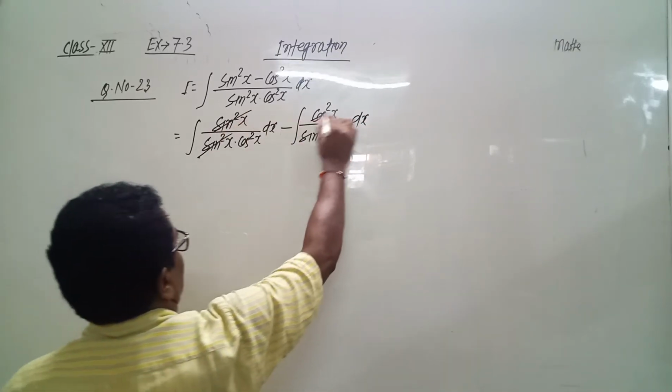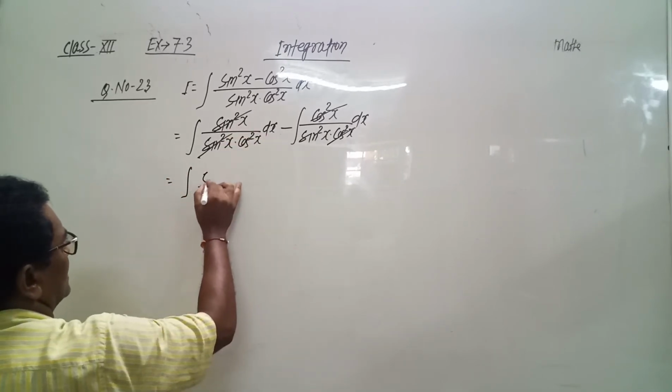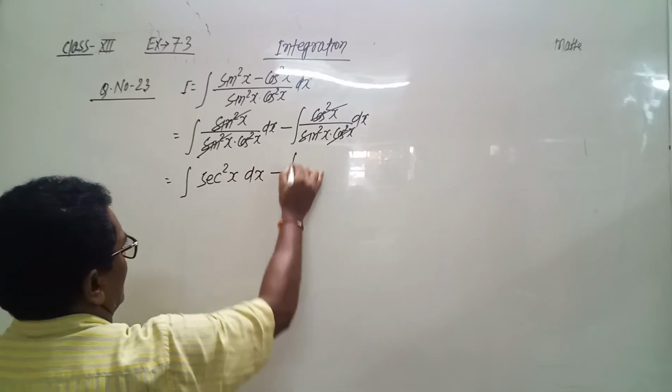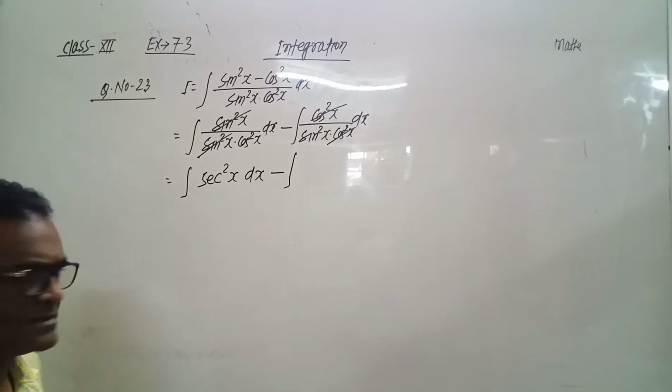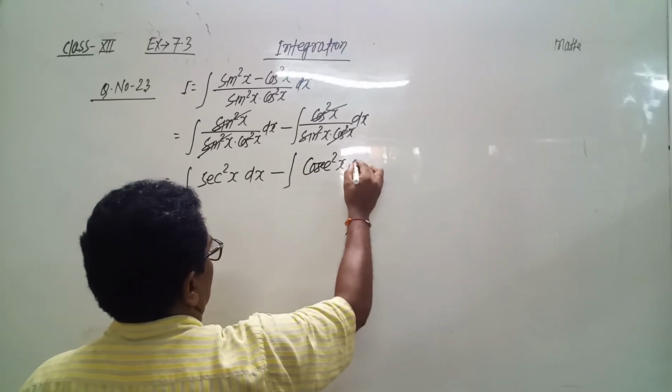So sin square cancelled, cos square cancelled, and we get 1 by cos square x as sec square x dx, and 1 by sin square x becomes cosec square x dx.